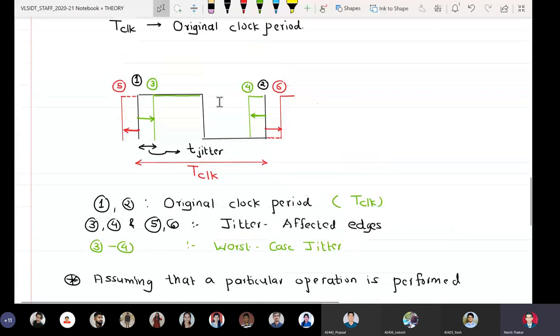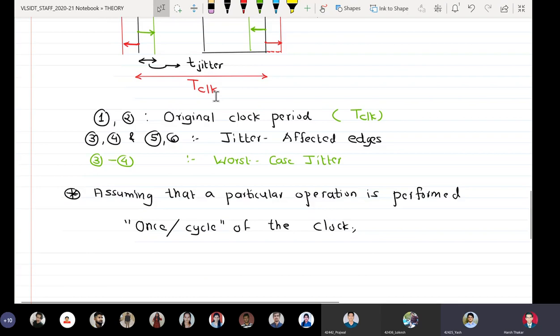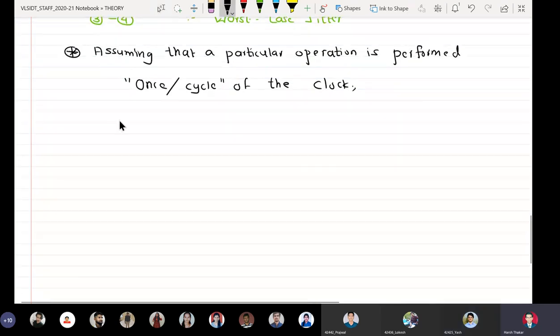Can anybody tell what will be the time available for operation in case of worst case jitter? Yes. What is the time available for operation in case of worst case jitter? Sir, TCLK minus 2T jitter. Okay, correct.